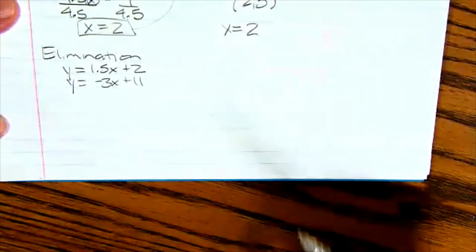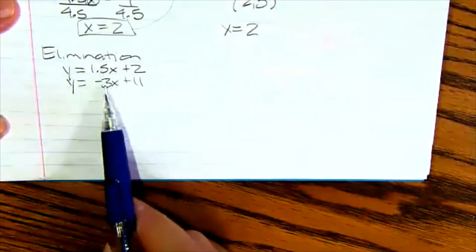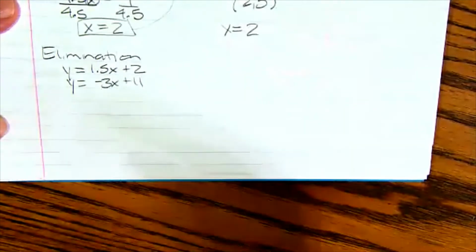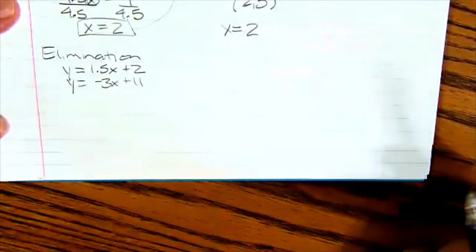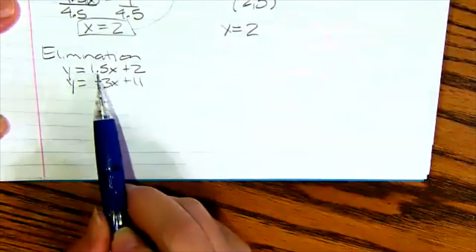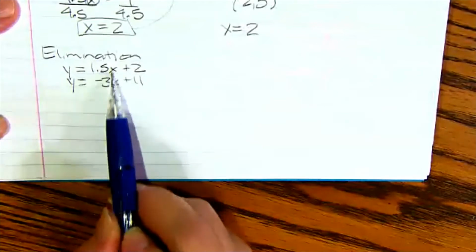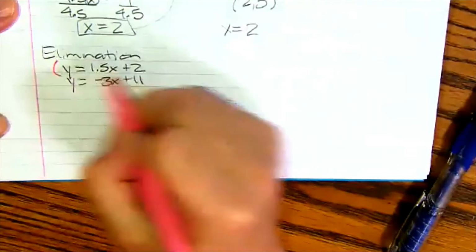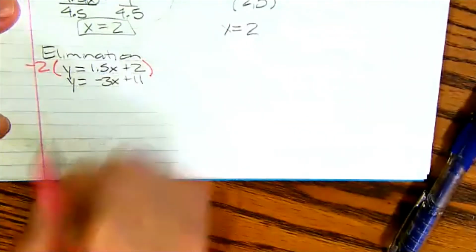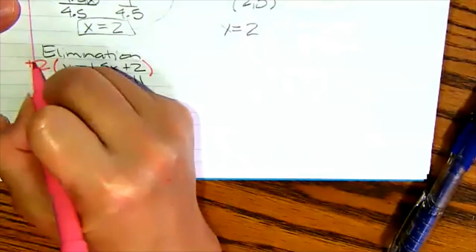So I want to alter one of my equations so that when I add, I eliminate a variable. So in this case, since I have a positive 1.5x and a negative 3x, I'm going to multiply this whole equation by positive 2.